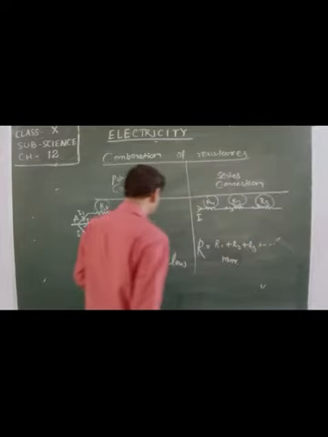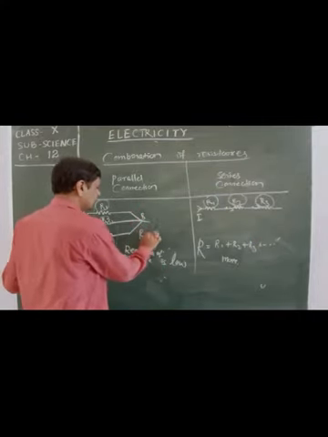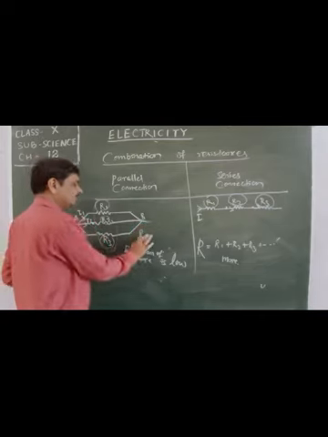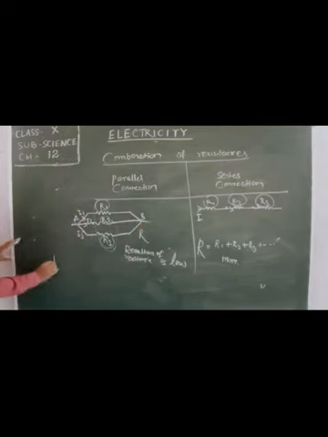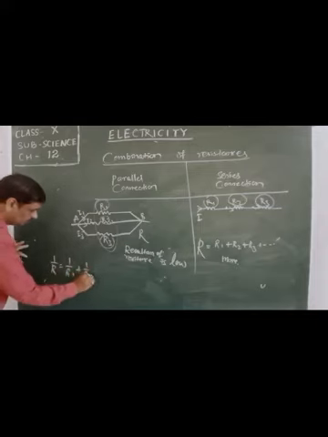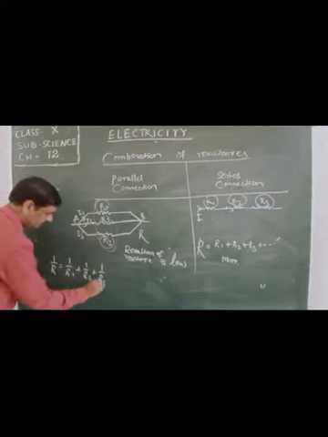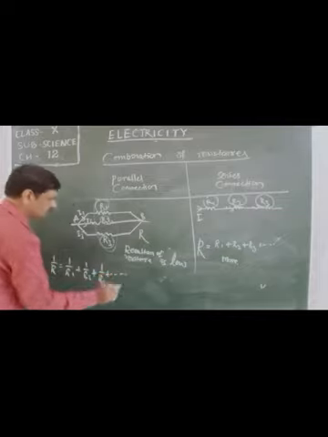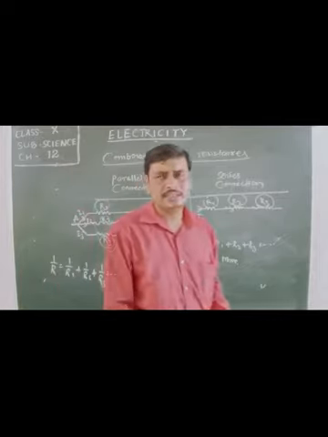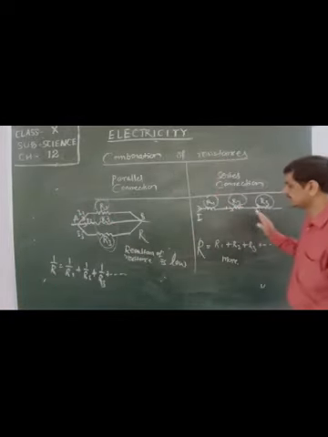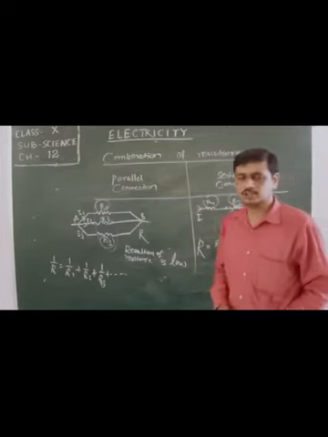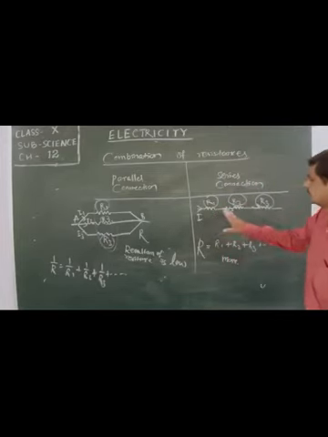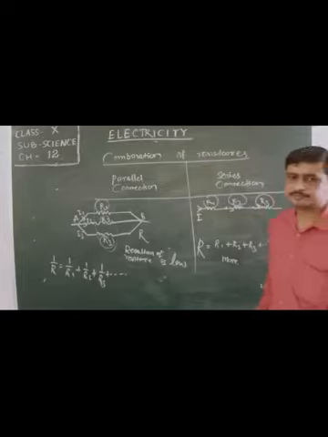In parallel, resistance is calculated in the form of reciprocals, that is 1 by R is 1 by R1 plus 1 by R2 plus 1 by R3. In this way we calculate the total resistance in a parallel circuit, but in a series connection the total resistance of the circuit is obtained by adding all the resistances directly.